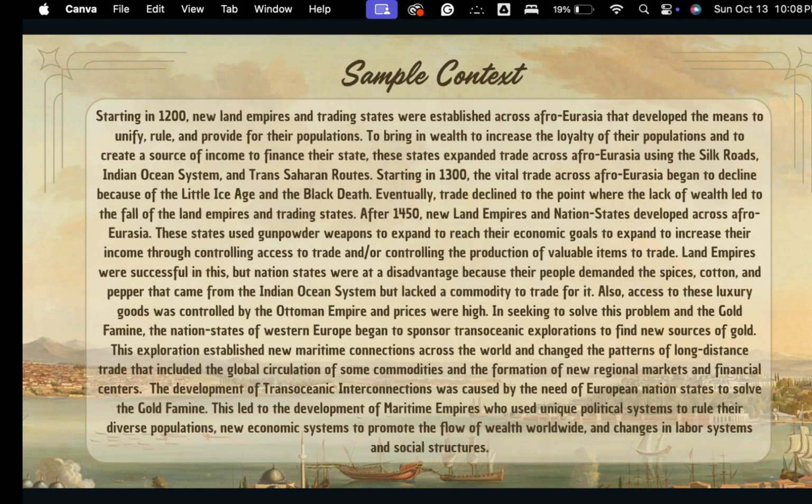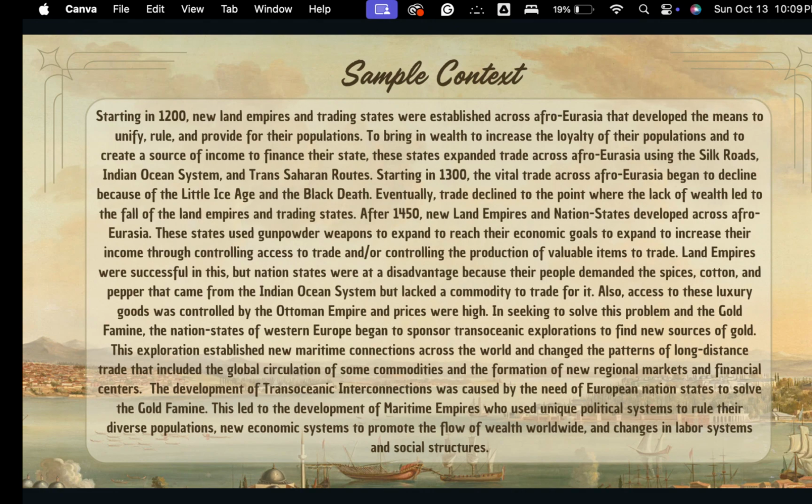Contextualization is providing the setting and connecting the topic to that setting. In this style, we're talking about what led up to this. So we know that the general organization of this statement is going to talk about from 1200 to 1300, we have new states and trading states, that these trading states and new states, empires, focus on the development of interregional trade to bring in wealth.